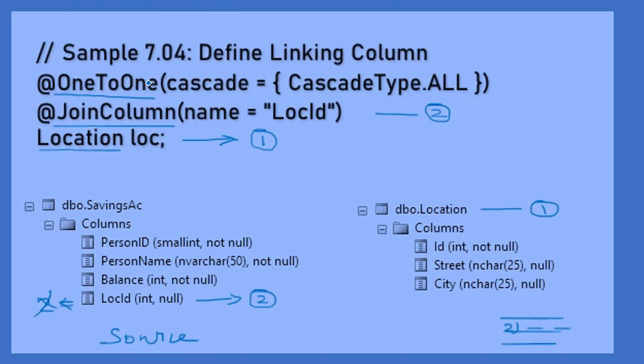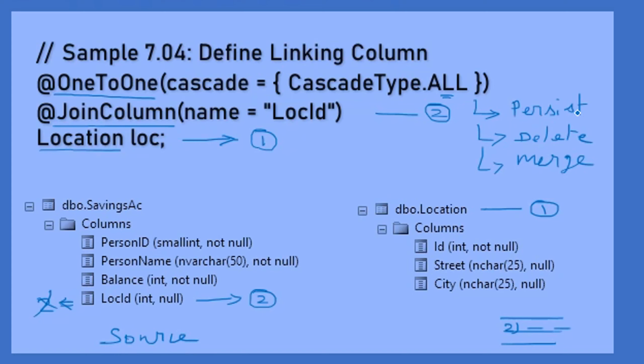So one-to-one source is savings account. Here we specify cascade equal to CascadeType.ALL. So there are multiple CascadeTypes available. One is persist, remove or delete, merge, then the combination of all these.